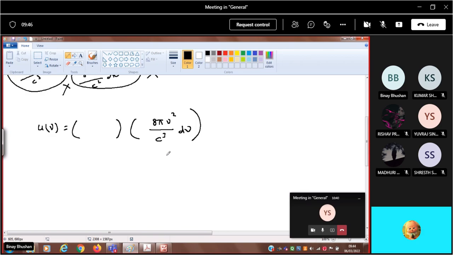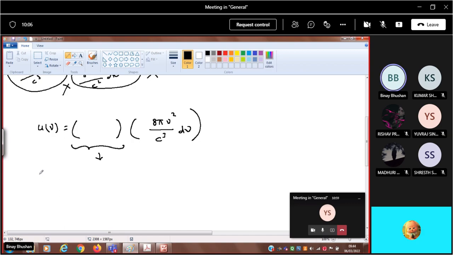Now, average energy of an oscillator, this one. I hope that you must have studied what is known as the equipartition of energy theorem.